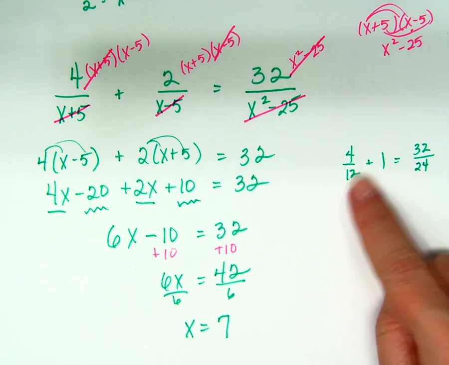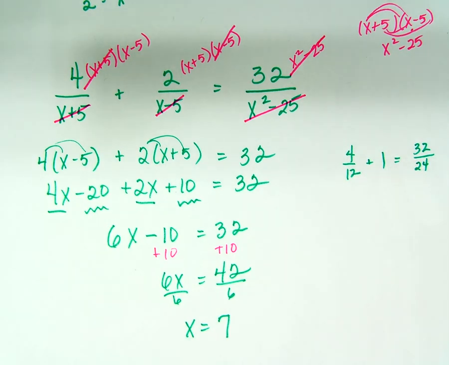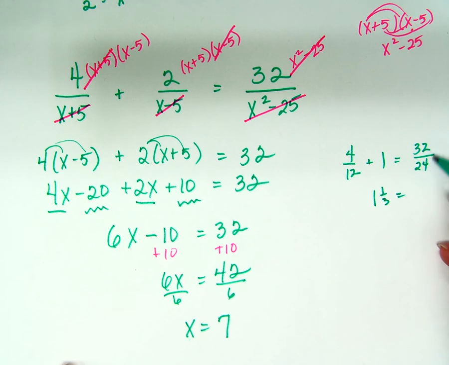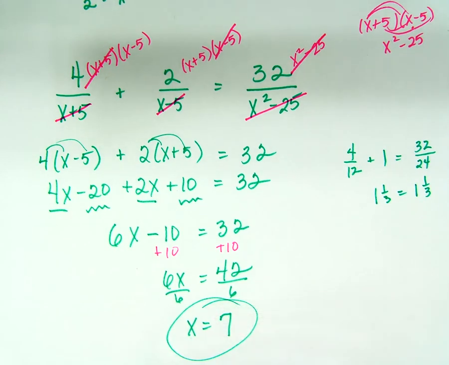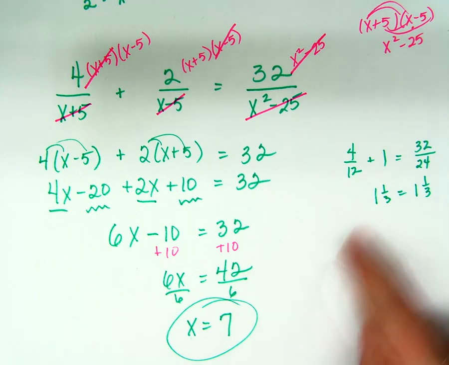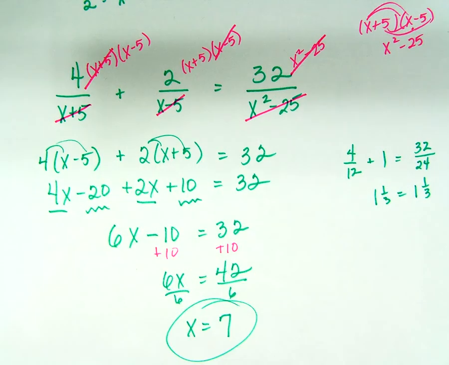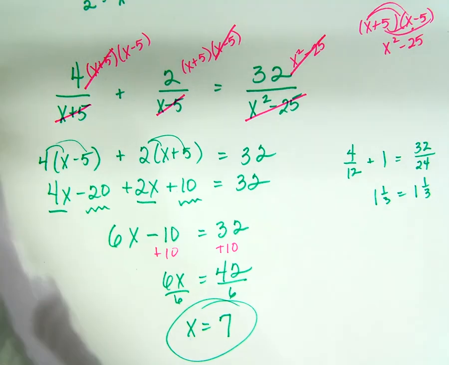So 4 over 12 plus 1, well, 4 over 12 is 1/3, so 1 1/3 equals 24 over 32, 1 1/3. So I know that this is the right answer, because not only does it make the equation work, it also doesn't make any of the denominators equal to 0. Okay, feeling okay with rational functions?